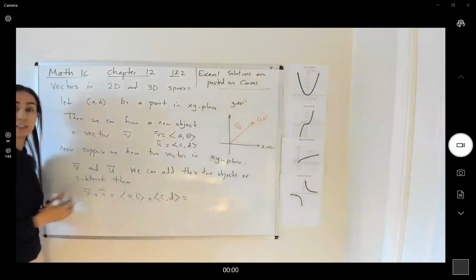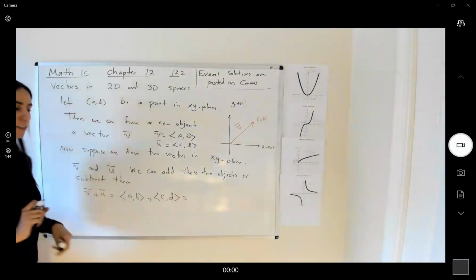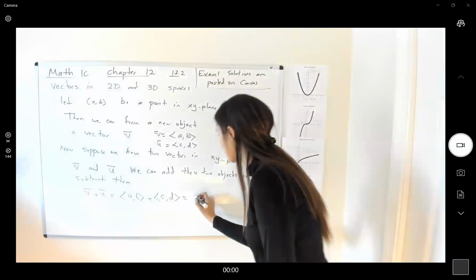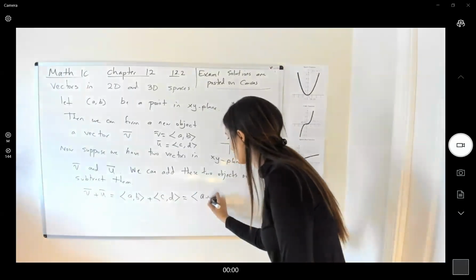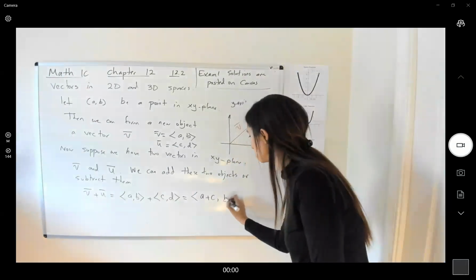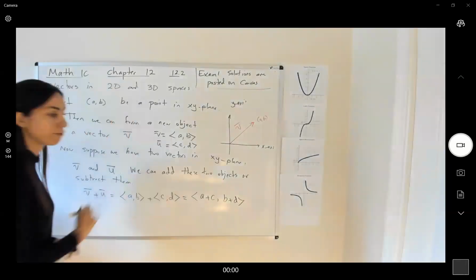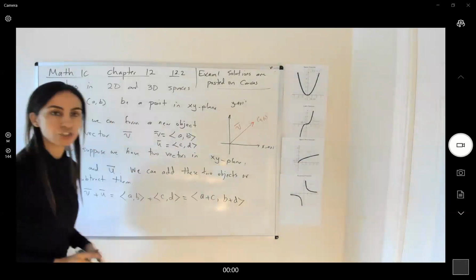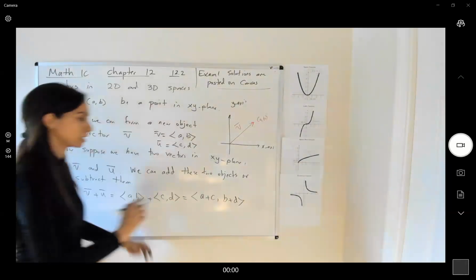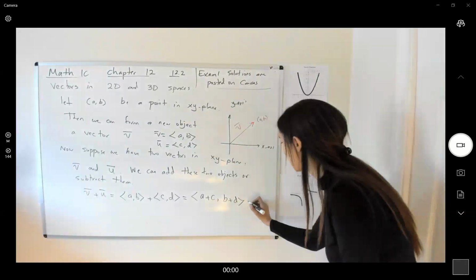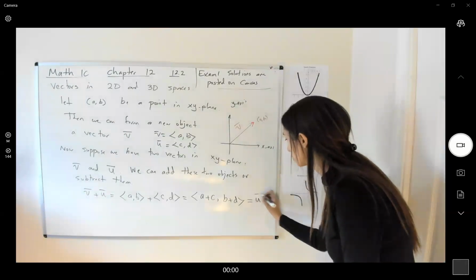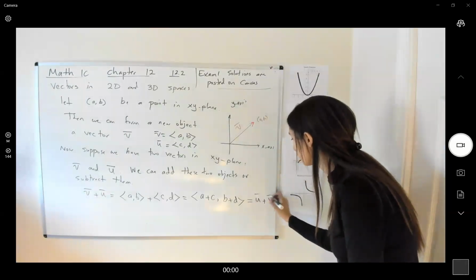To add these two vectors, you just add the first coordinates, you add the second coordinates: a plus c, comma, b plus d. Of course, when it comes to addition, ordering is not important. It's the same as vector u plus vector v.